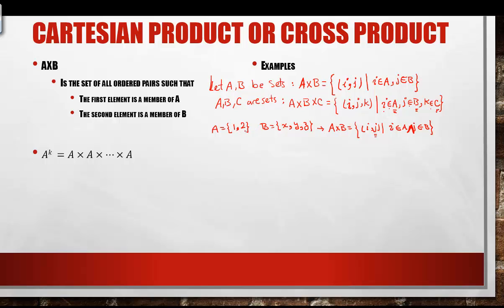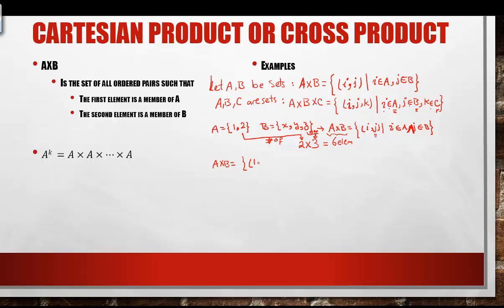So we have 2 elements in A. For every one of these, we have 3 elements in B. So A times B, A cross B, should have 6 elements in total, right? Effectively the equivalent of 2 times 3, the number of elements in A times the number of elements in B. So A cross B will have 6 elements.